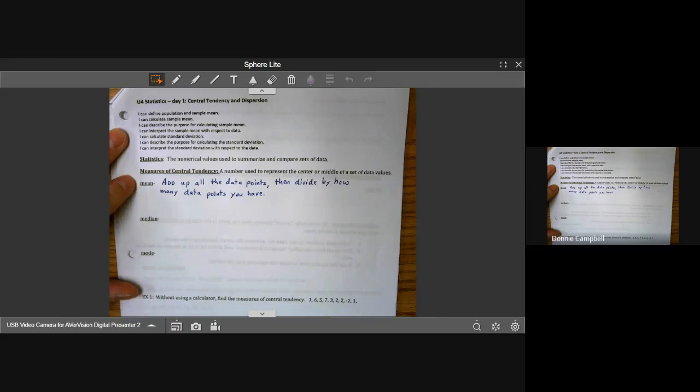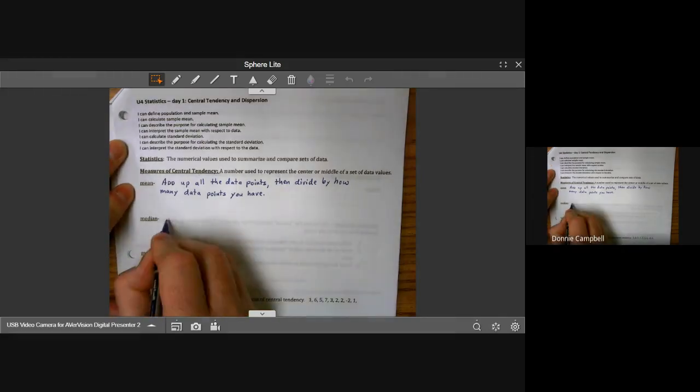So on the mean, add them all up, then divide by the number of points you're adding. Mean is another word in statistics for average. You add up your scores, you got 10 scores, you add them all up, divide by 10, and that'll be your average score. In statistics, we call it the mean.